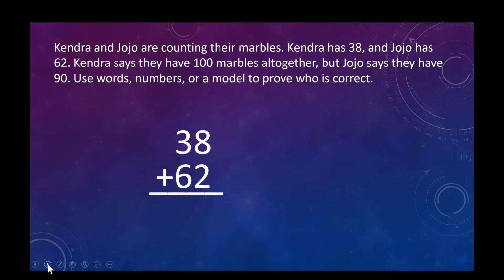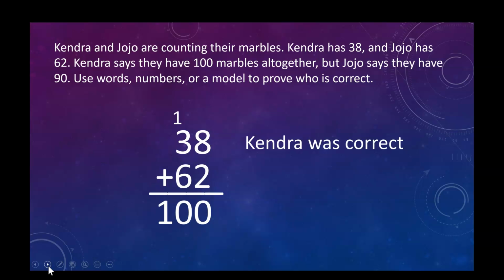So first I added my ones place, and 8 plus 2 is 10, and I need to bring that 1 over to the tens place. And then I added my tens column, so 3 plus 6 plus 1 more is 10. And I got 100. And Kendra was the one that said that it was 100, so I said that Kendra was correct.